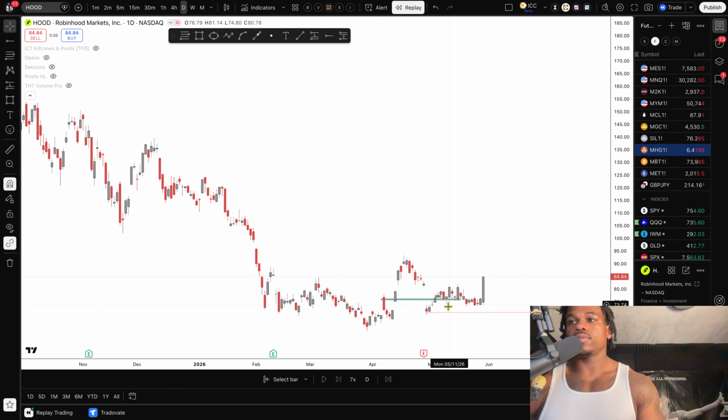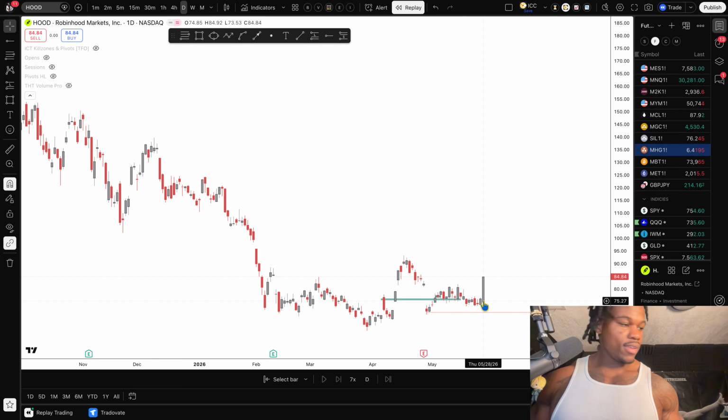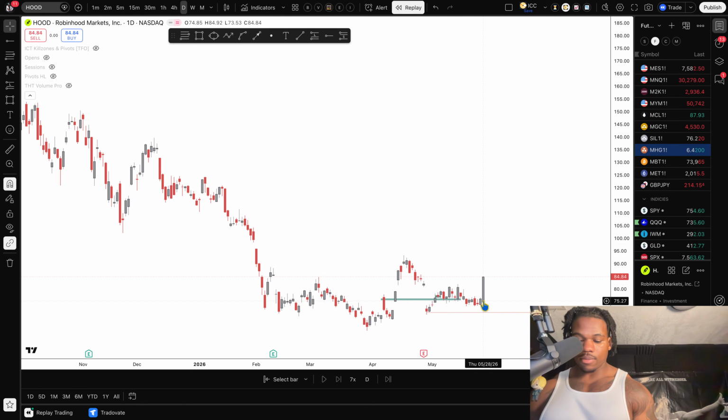Robinhood up 11% today. Did I have hood calls? You gonna beat my ass if I had hood calls and I sold? Ew. You already know the saying. I had hood calls.